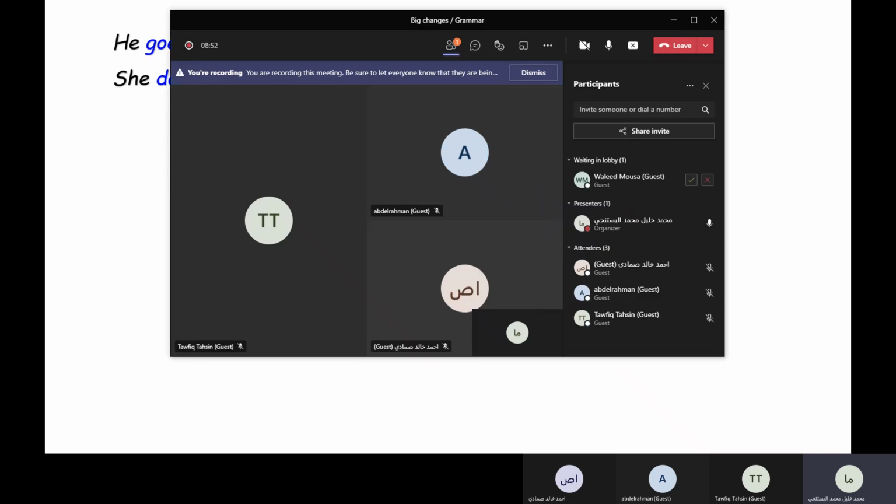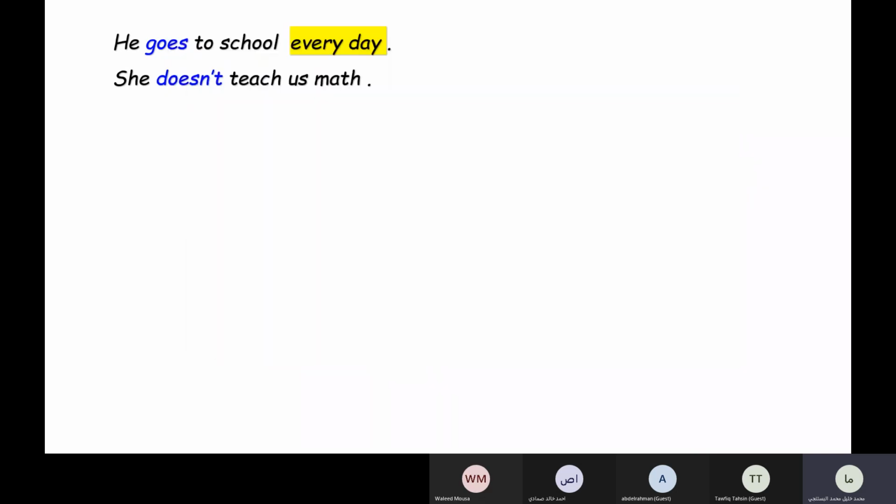Now look at this sentence. Who can read? Ahmed? Saudi Arabia is an island. Good. What do you think? Is it a habit or a fact? It is a fact.